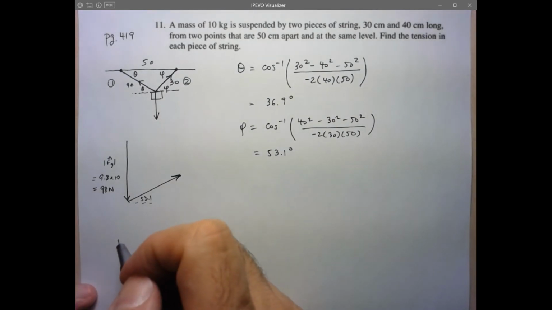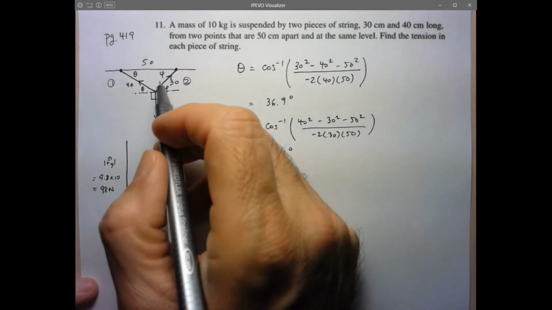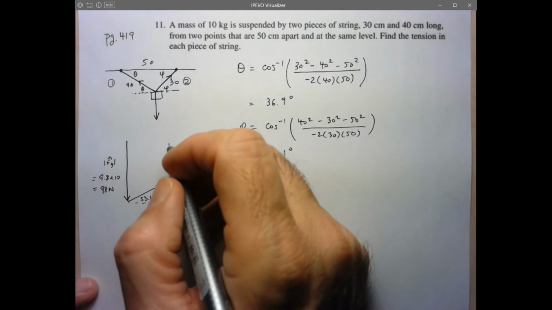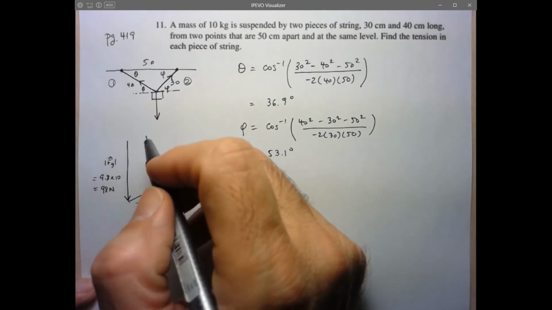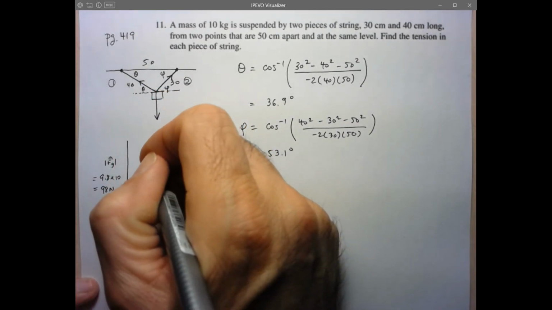So that's going to be useful. Now, notice I don't know its magnitude. Remember that 30, 40, 50, these were just side lengths. Now what I do know is that this force going in the direction of the first string is going to have to close off the triangle.